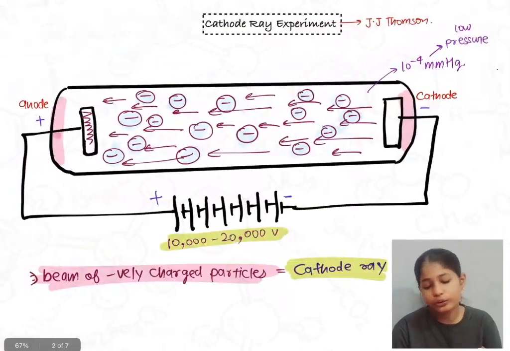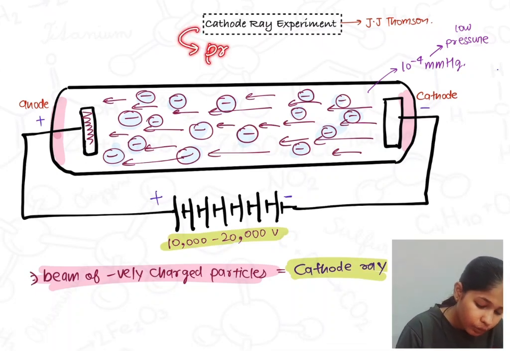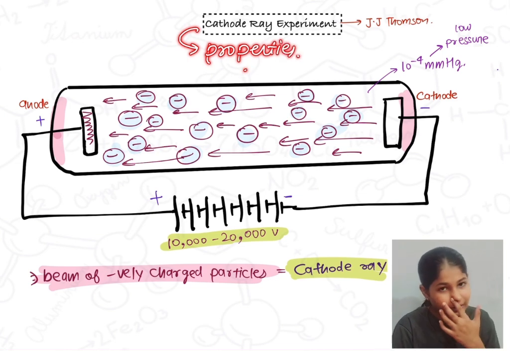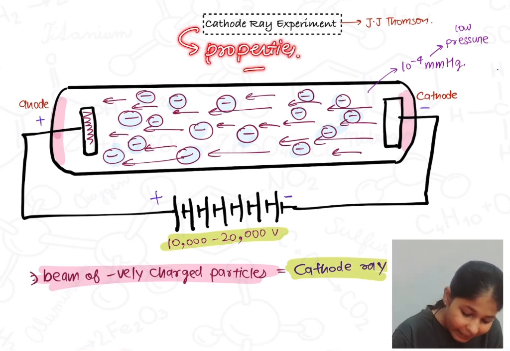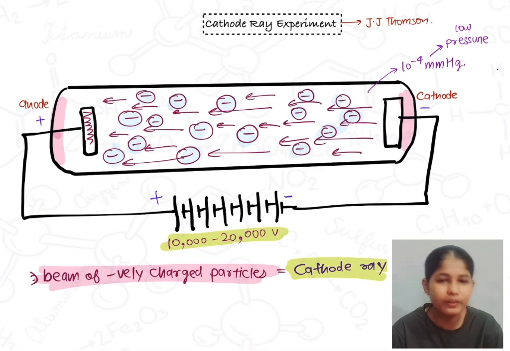Now what are we going to talk about? We are going to talk about the properties of cathode rays. Later these cathode rays were known as electrons, means if you take one particle from the cathode ray, it will be known as an electron.